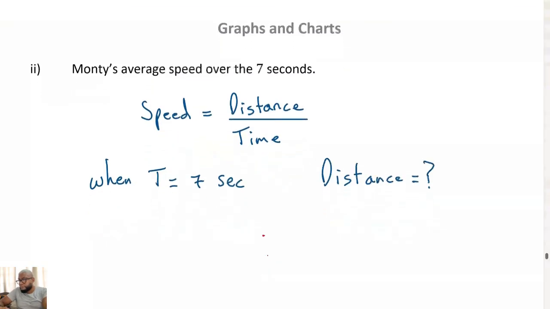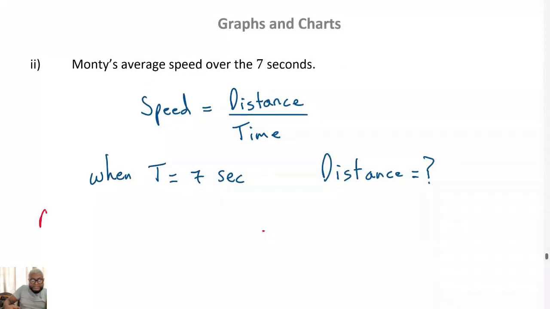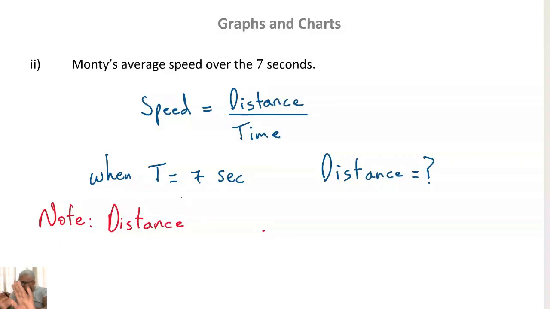Speed multiplied by time, right? Okay, no problem. Speed multiplied by time, all right. But we do have the speed now. We're trying to find the distance.